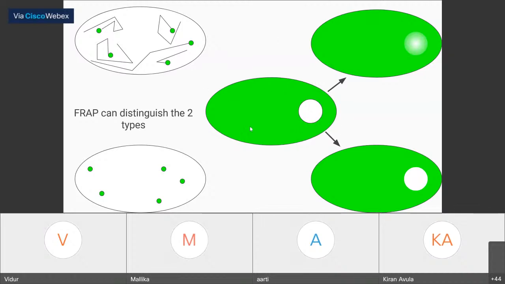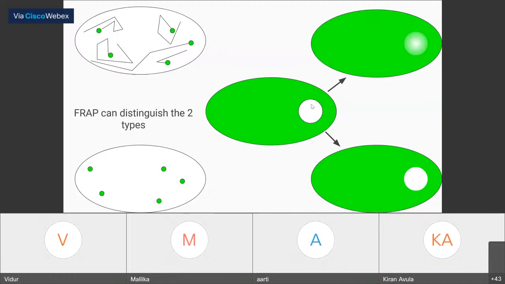And how is it utilized? If you have a cell, this is a very simplistic cartoon of a cell, where you have some protein marked with a fluorescence marker. You can utilize a property of a fluorescence marker, which is the ability of it to transition to a non-fluorescing state, either a triplet state or a completely non-fluorescing state because of some oxidation or some reaction in the system.